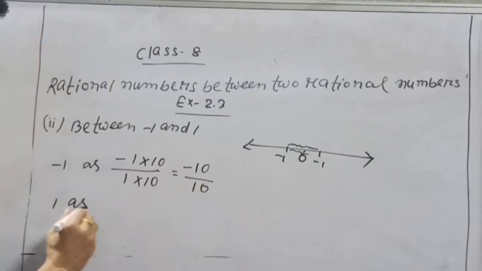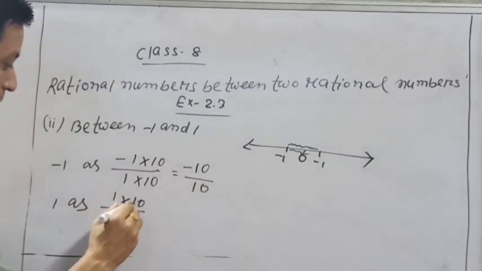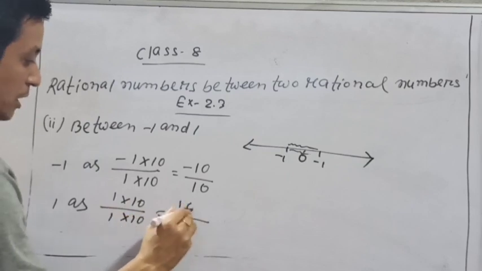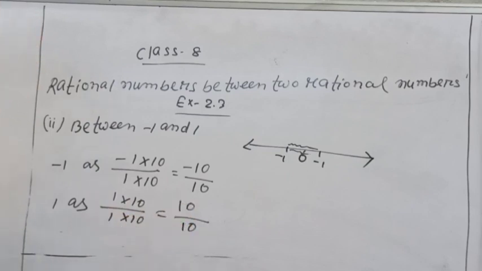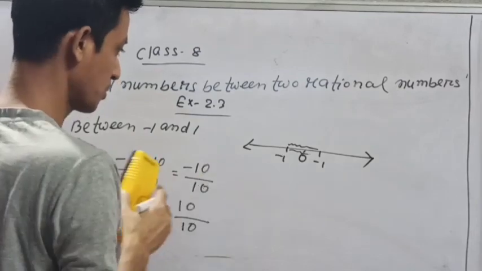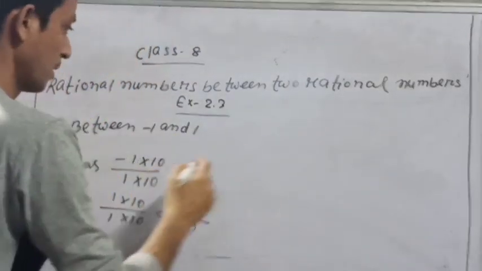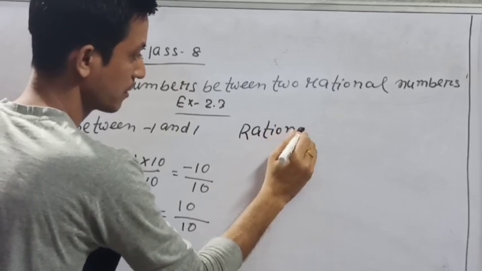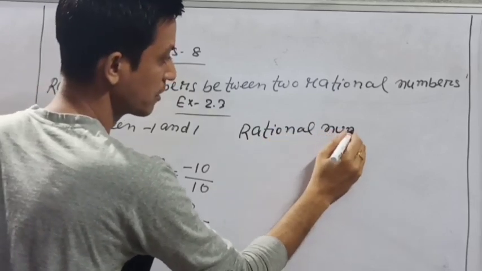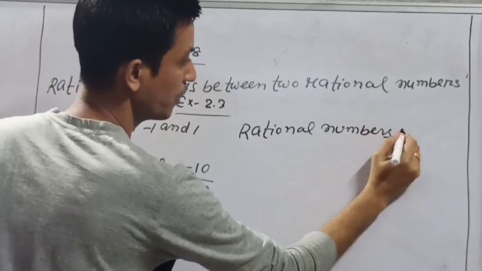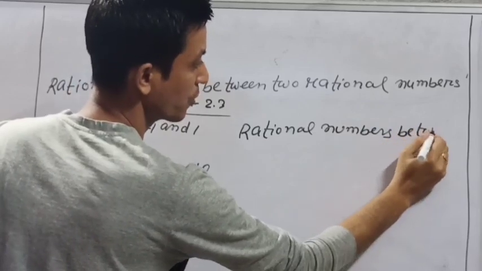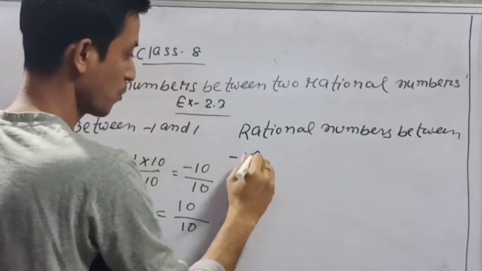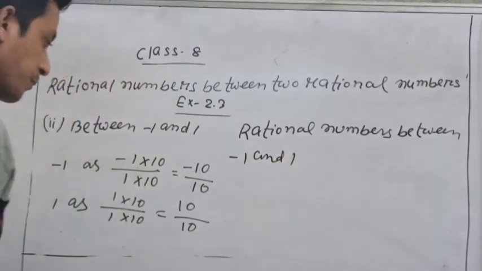And plus 1 as 1 by 1, multiply by 10 on both sides, so 10 by 10. So the rational numbers between minus 1 and 1.